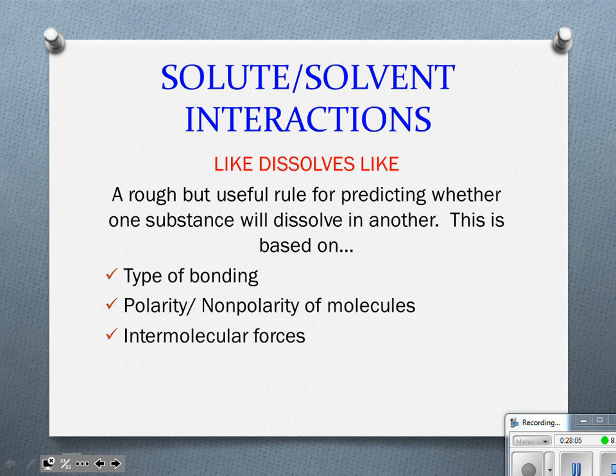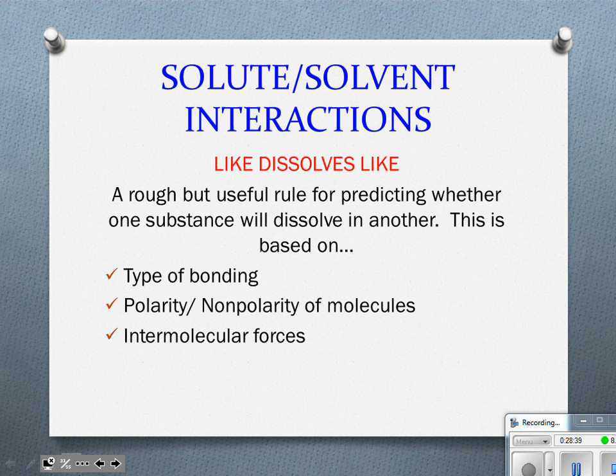Solute solvent interactions. A general term to remember is like dissolves like. Like dissolves like. That's a rough but useful rule for predicting whether one substance will dissolve another.